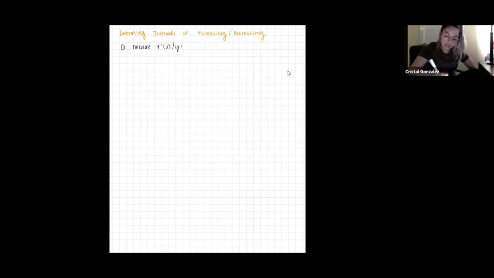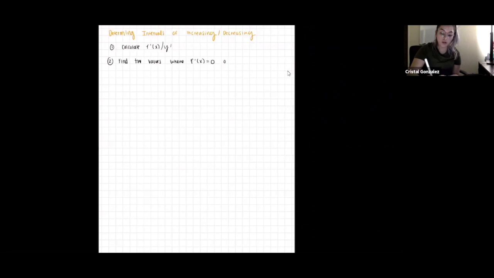And now our second step is to find the values where f prime of x is equal to 0, or f prime of x does not exist.